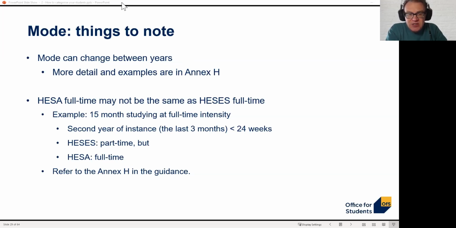So if you have students who started in April 2020, their year of instance would extend to April 2021. Similarly, when you are looking at them for the purposes of HESES 21, you'll be looking at their year of instance starting in April 21 and extending to April 22. So you're always looking at a whole year's worth of potential activity.